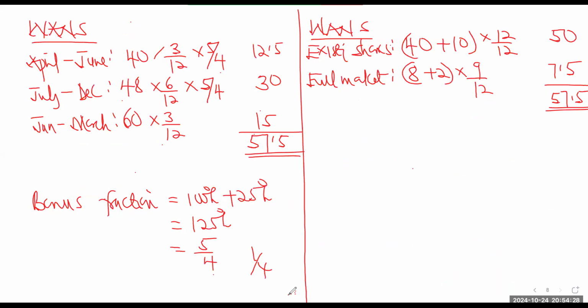Okay, let's go to the earnings per share for the year 2x9. Okay, let's come here. At the beginning of the 2x9 year, how many shares will be there? At the beginning, not December, 31 March, sorry.